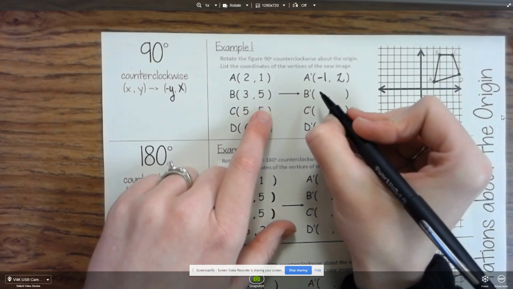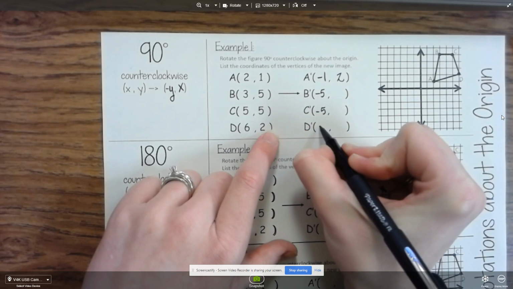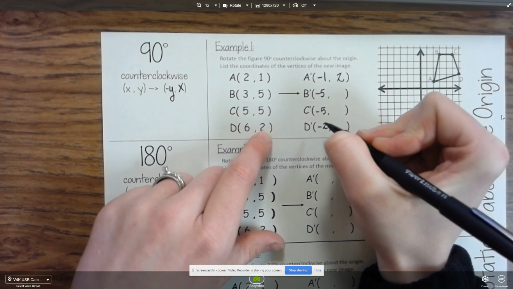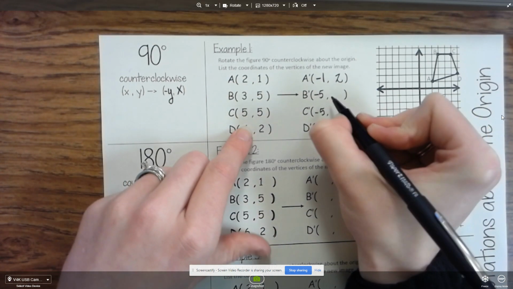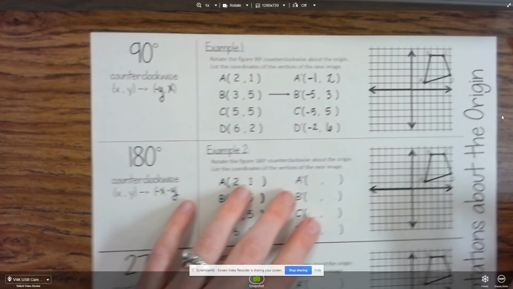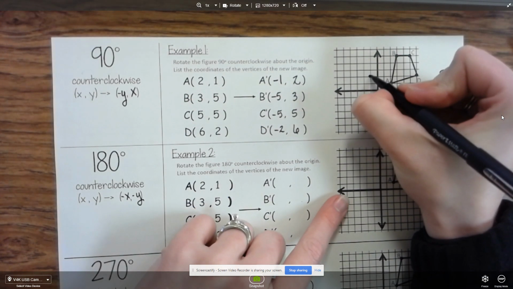So that's how this rotation works. So for every single one, you're going to do the exact same thing. All the y's now become the x's, and we change the sign. And now the x's all become the y's, and their signs stay the same. And so once you figure out the points, then you can graph.